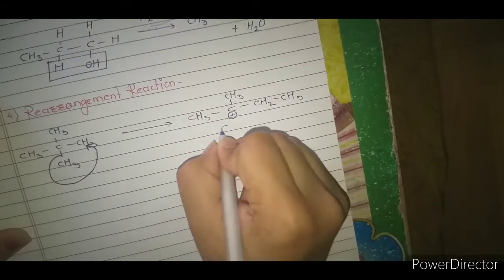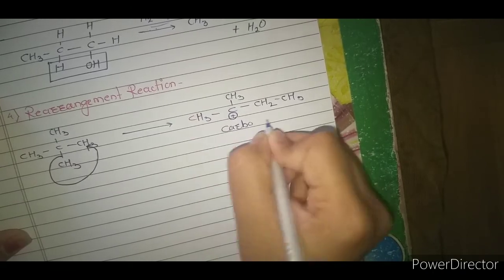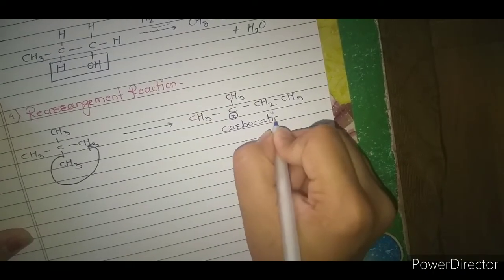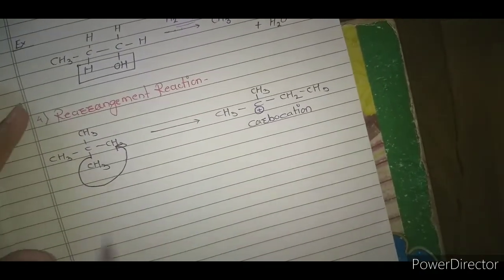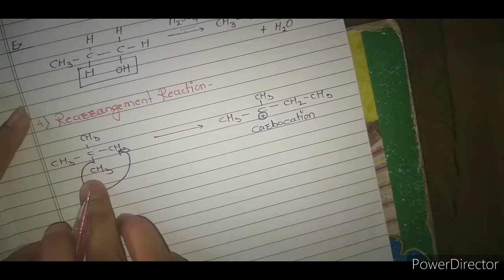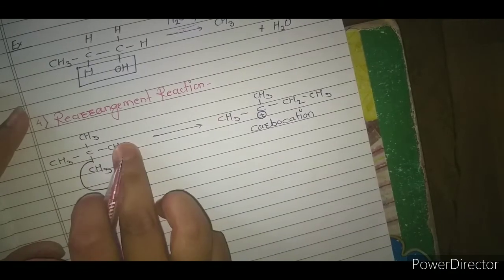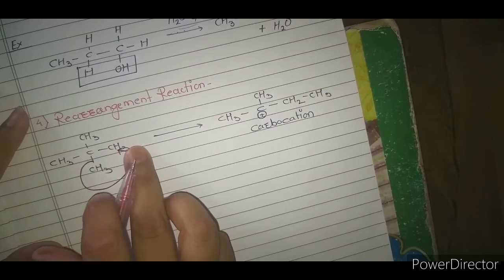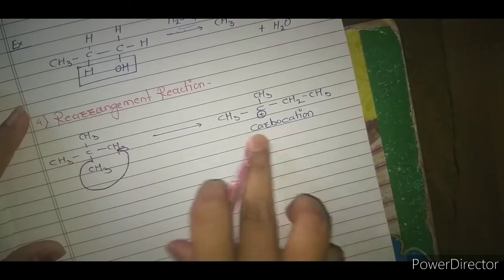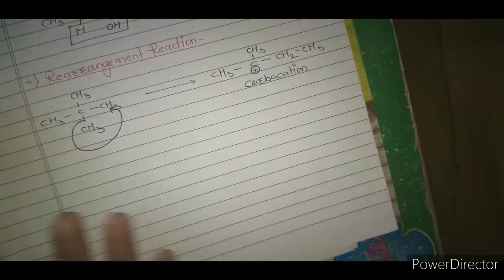It is your carbocation. So what happened in this rearrangement? This methyl group shifted towards the next carbon atom, and the formation of carbocation takes place.